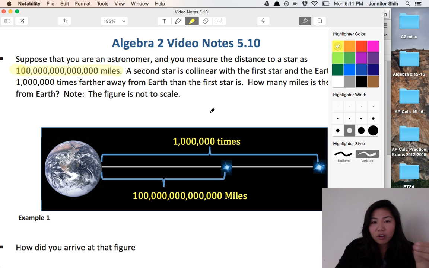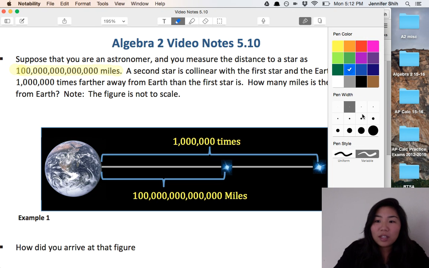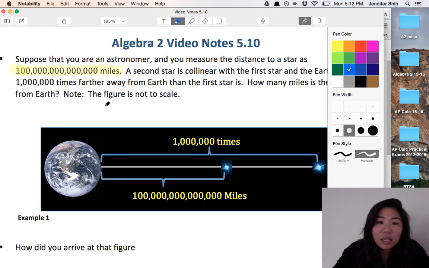Then you discover another star that is 1 million times the distance away from that star. So you have 100 trillion times a million. So even if this dot was 100 trillion, then I would need 1 million dots.